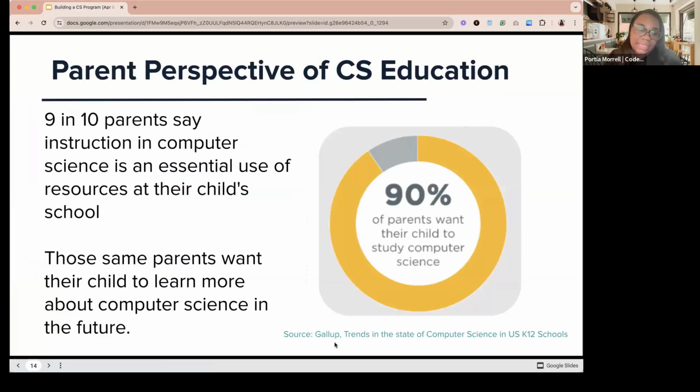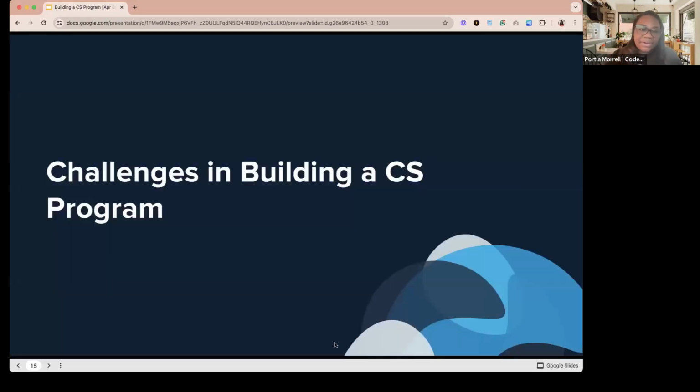We know in the actual industry of job availability that for computer science or anything related to computer science and technology, there will be a lot of jobs available that align with students being able to take these concepts and skills and possibly get a job in that. So there's a high demand outside of just high school or K through 12. And so that is it for just talking about the CS landscape.